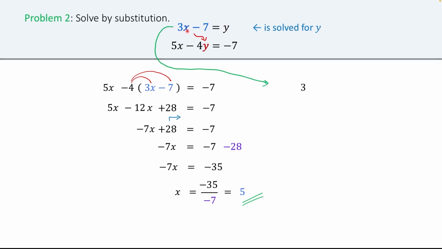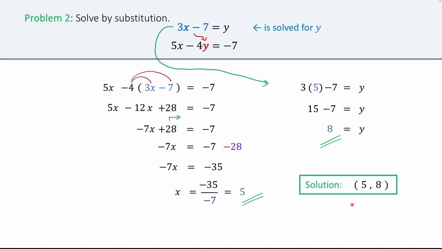So 3 times x, x is 5, minus 7 is equal to y. 3 times 5 is 15, minus 7 is 8, is equal to y. So y is 8. So the solution is the x value comma the y value, in parentheses. This is the solution to the system.